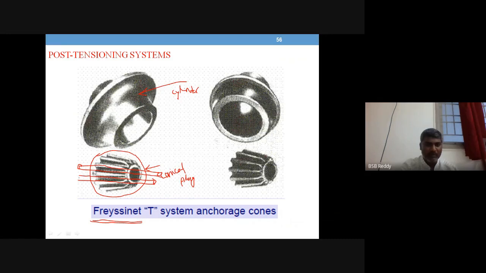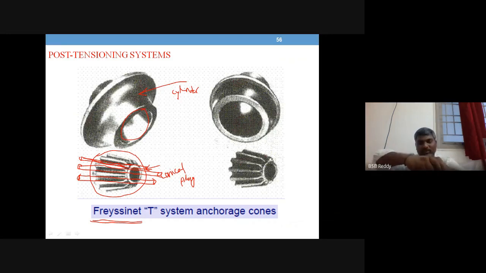Likewise we will place all the HTS wires in these slots and insert this into this conical cylinder. So the plug holds this, and there is a bar put in the slot.